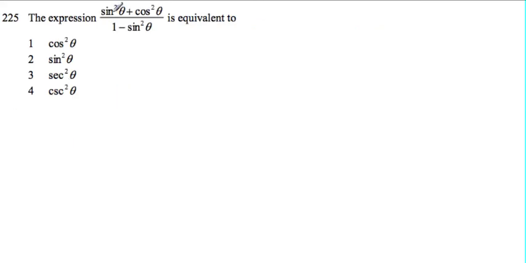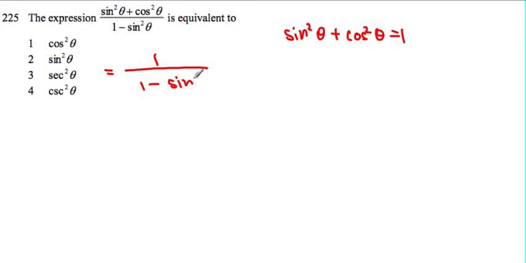Number 225. See, sine squared plus cosine squared, we know that's equal to 1. Sine squared theta plus cosine squared theta is equal to 1. Now if I were to rewrite this one, this becomes 1 over 1 minus sine squared theta.